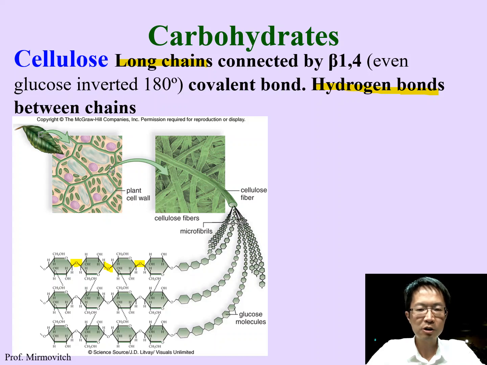But if you go back to the previous slides to look at the glycogen and starch structure, you can see that all the oxygen atoms are at the downward position. So that's one of the differences that make our body unable to recognize it. Meaning that our body cannot recognize cellulose because the oxygen atom is up, down.